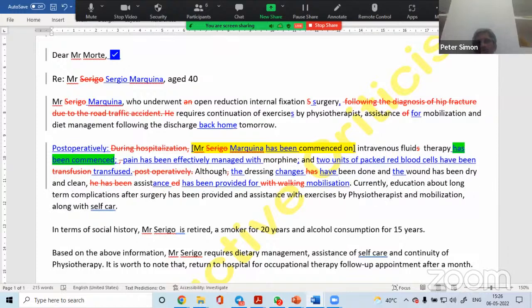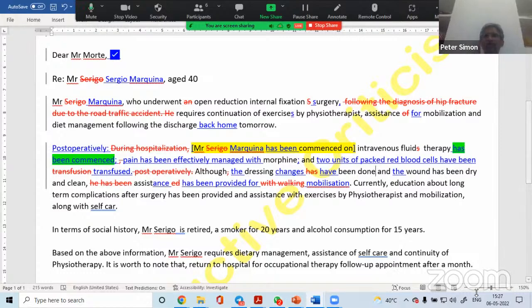Okay, although the dressing changes have been done, have been provided. Dressing changes have been done or have been provided or have been performed, whichever better you feel you can write. Mobilization. Currently, education about a long-term complication.